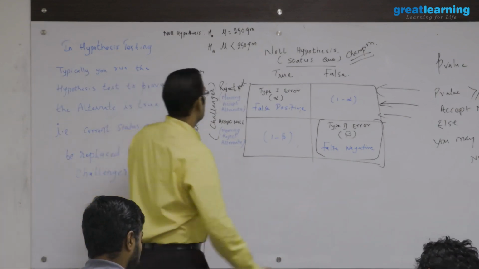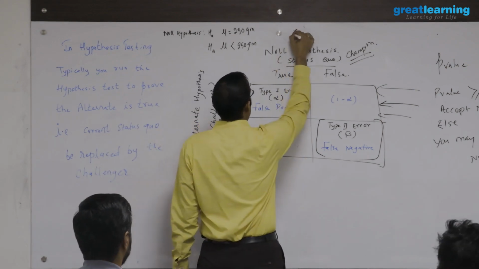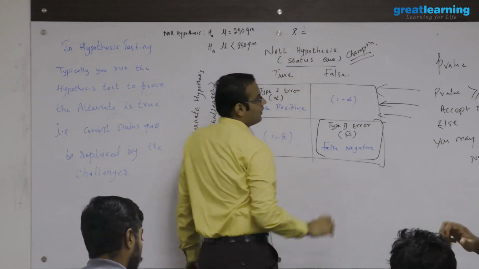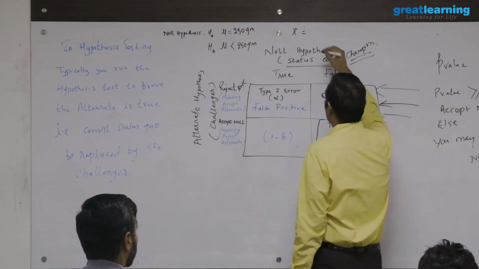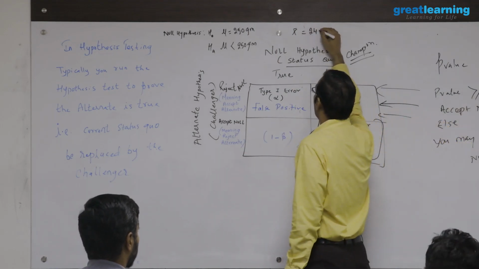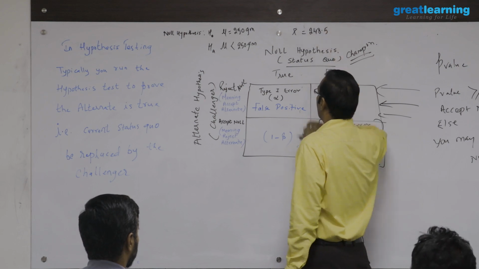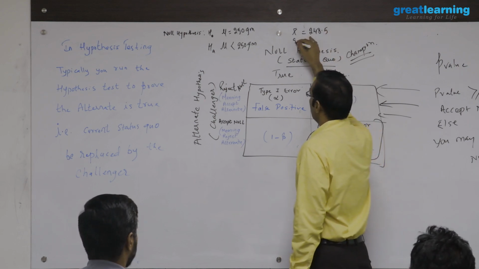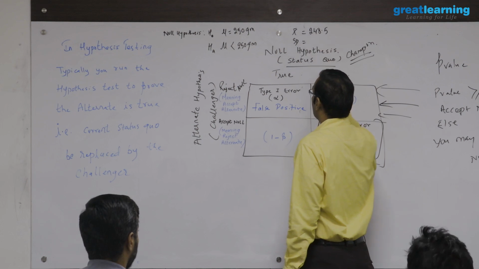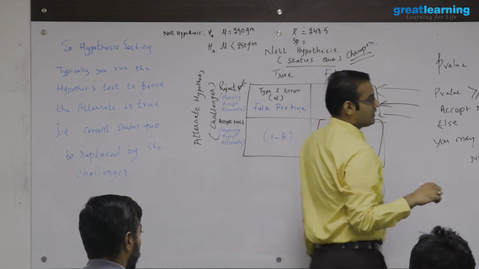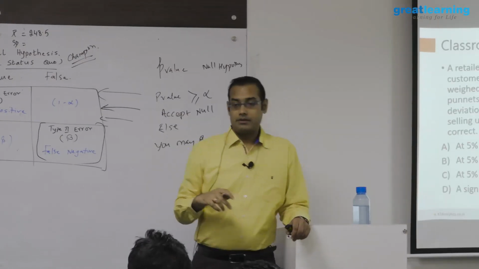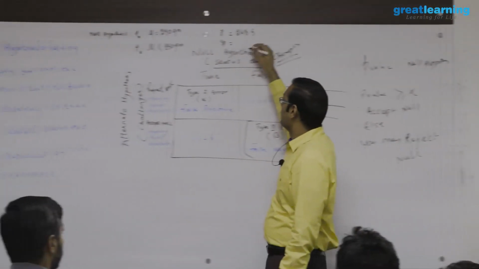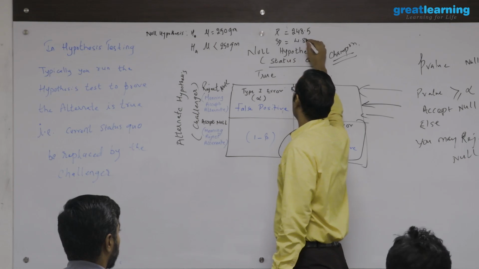What is X bar here in this example? Average has come out to be 248.5. What is standard deviation? Is this standard deviation of the population or sample? 4.8. I have to compute the z score.